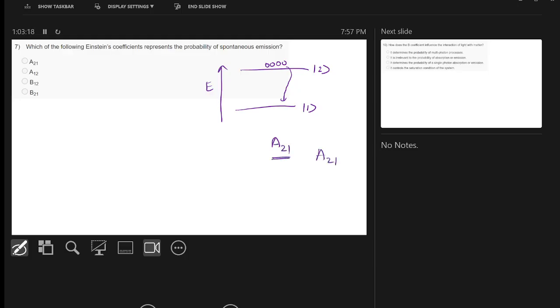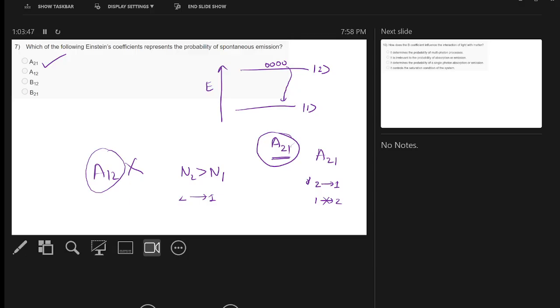A21 represents transition taking place from 2 to 1, not from 1 to 2. In case of emission, N2 has to be greater than N1, so the particle will come from 2 to 1. So this is your correct option, and A12 is incorrect. So the first option is correct.